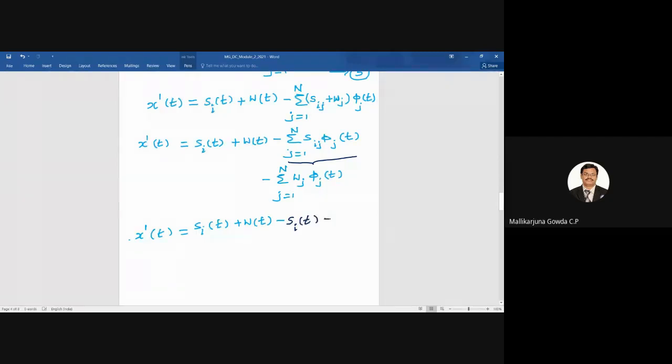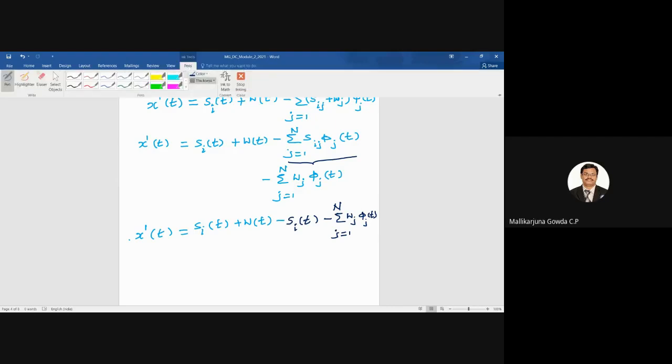Similarly, the remaining term is minus summation j is 1 to n wj phi j of t. Now this plus si of t and minus si of t can be cancelled.